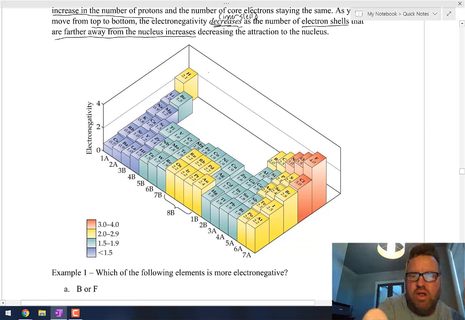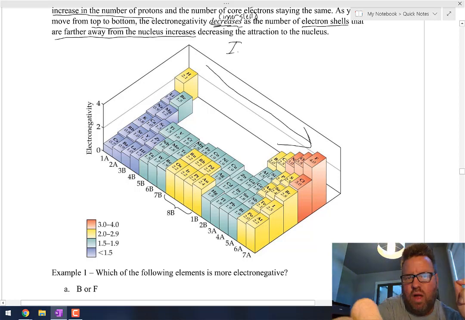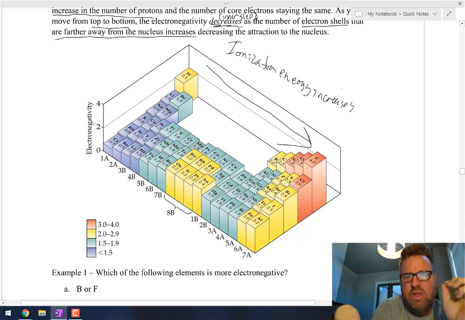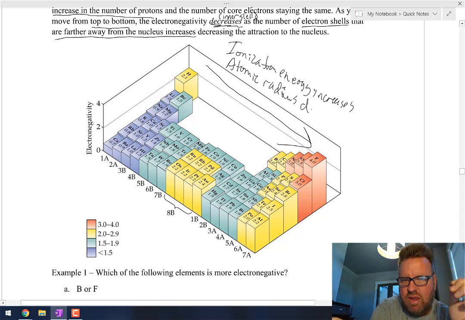We now know there's three things that happen as you go across the periodic table. One, ionization energy increases. Number two, atomic radius, the size, right? The atomic radius decreases.